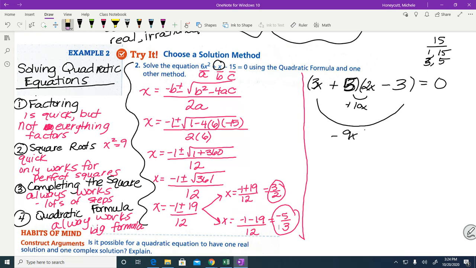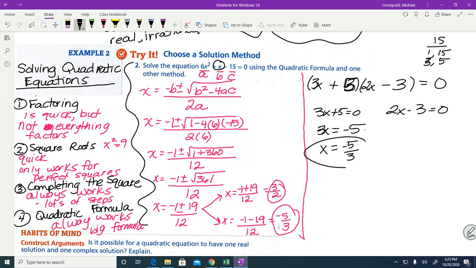Okay? So then I can set each factor equal to 0. 3x plus 5 equals 0. 2x minus 3 equals 0. 3x, subtract 5, you get -5. X equals -5/3. Hey, look, there it is. And then 2x minus 3 equals 0. 2x equals 3. X equals 3 halves.